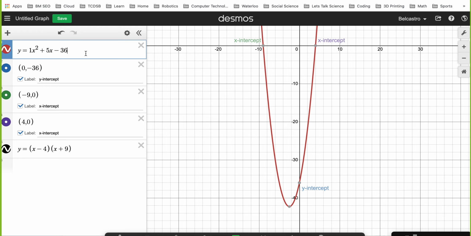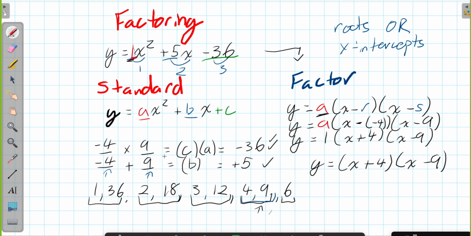Huh. It's a good thing we put it in this graphing program. I don't see the error, though. The error lies in this. Negative 36 is correct. Negative 4 and positive 9 are our two x-intercepts.